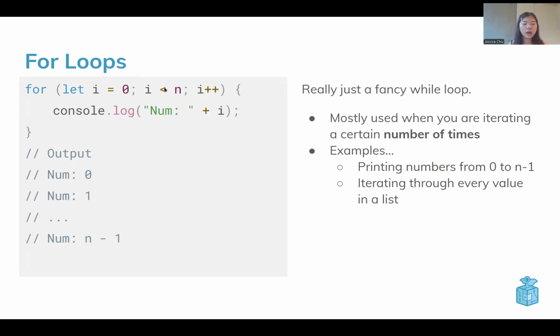And we have the increment, which increases the index variable each loop. Okay. And so it'll keep running, and each loop of the for loop, it'll increase i by 1 until i is no longer less than n. Okay.